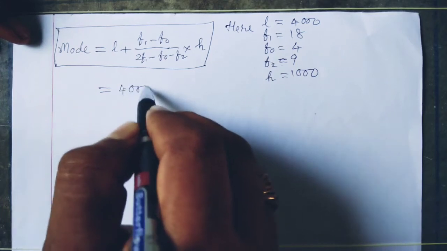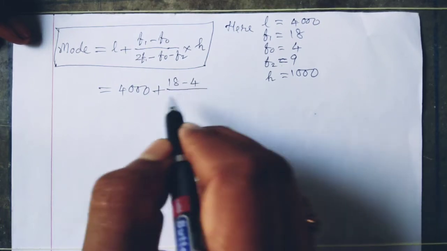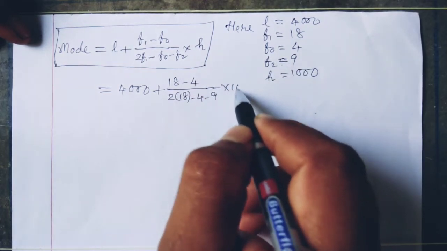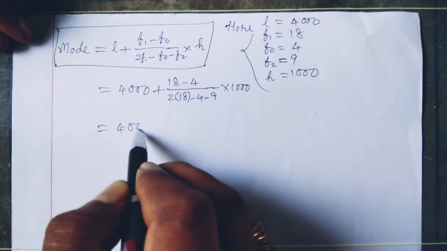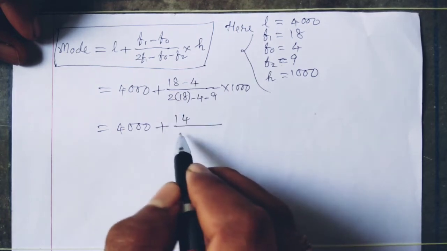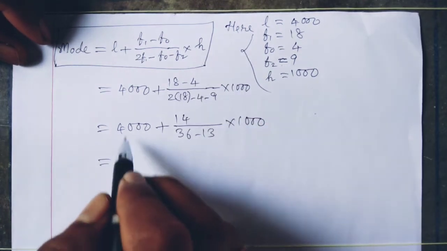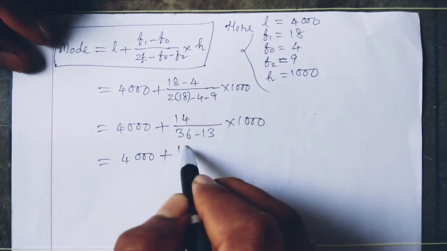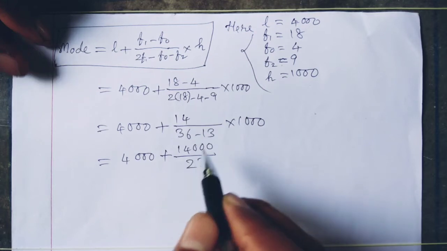L is equal to 4000 plus (18 minus 4) by (2 into 18 minus 4 minus 9) into 1000. 4000 plus 14 by (36 minus 13) into 1000. 4000 plus 14,000 by 23.